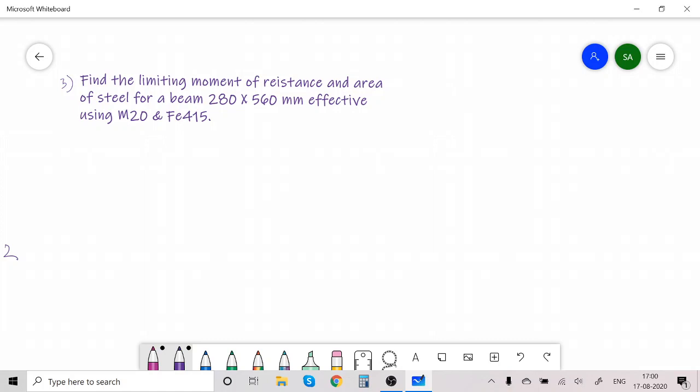Now the data: b is 280 mm, effective depth small d is 560 mm, M20 means fck is 20 Newton per mm square, Fe415 means fy is 415 Newton per mm square.